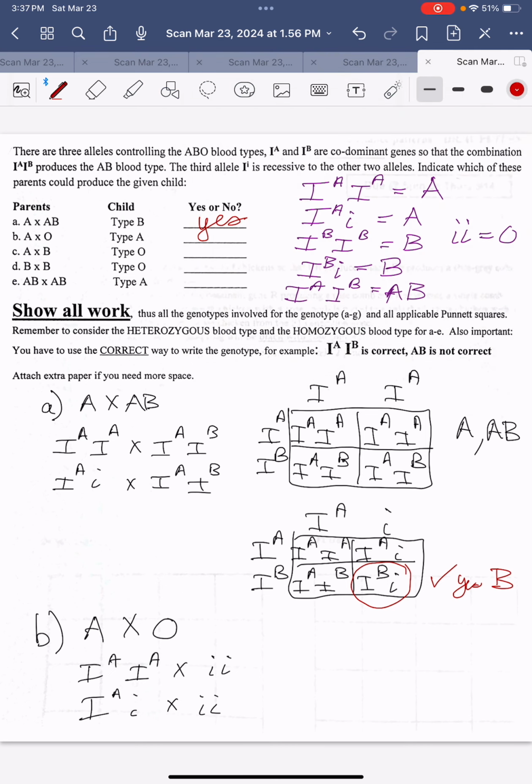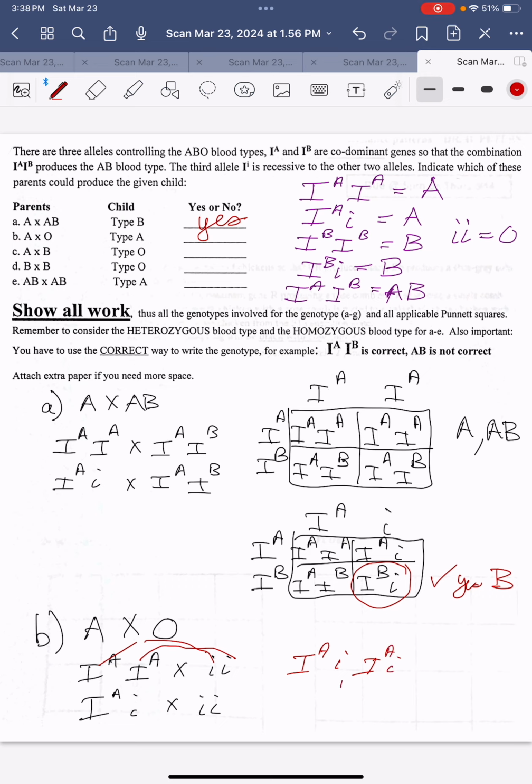So using the little crossover trick, we could do the following. If we cross this first one with the second one, we're going to have type A that is heterozygous. And if we cross the second and combine those two alleles, we're going to have also heterozygous type A blood. Now let's do the other possibility.